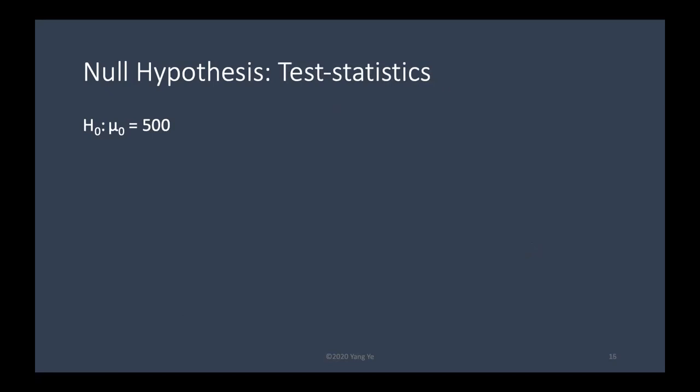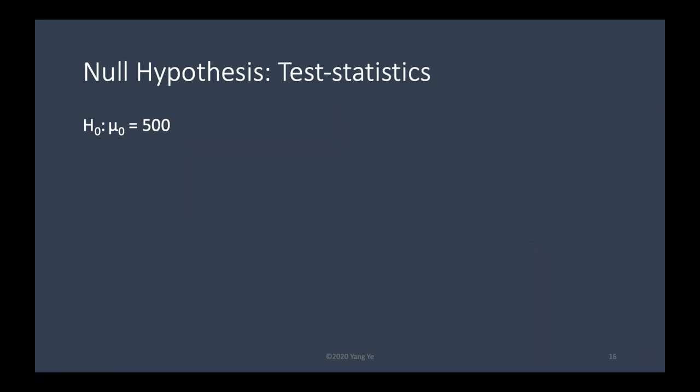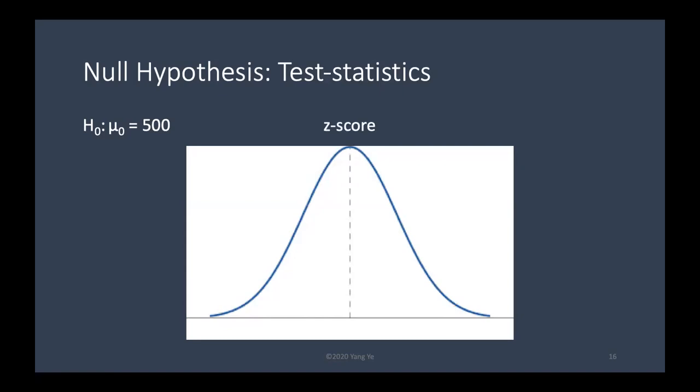So this is the p-value using our sample mean, so expected sample mean. So these are still sample mean values. We can further change the sample mean to a z-score, okay? So if we use test statistics, in this case, we're using z-test. So we're now turning that into a z-score.